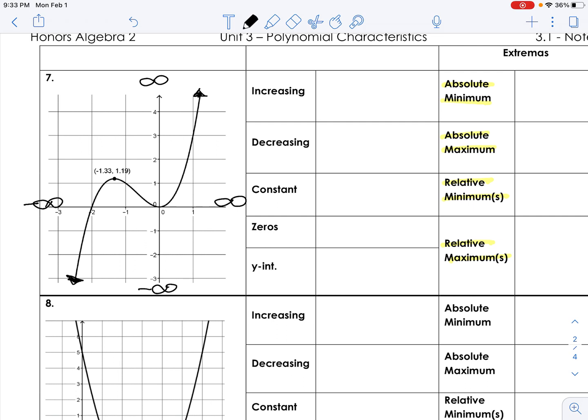Because that helps us to know whether it is behaving like a cubic function or a quartic function. And your quartics are going to differ from your quadratics in that they will have more bumps in the middle. So there won't just be one low point or one high point as there is in a quadratic, but in a quartic, there might be a couple low points, like that W.